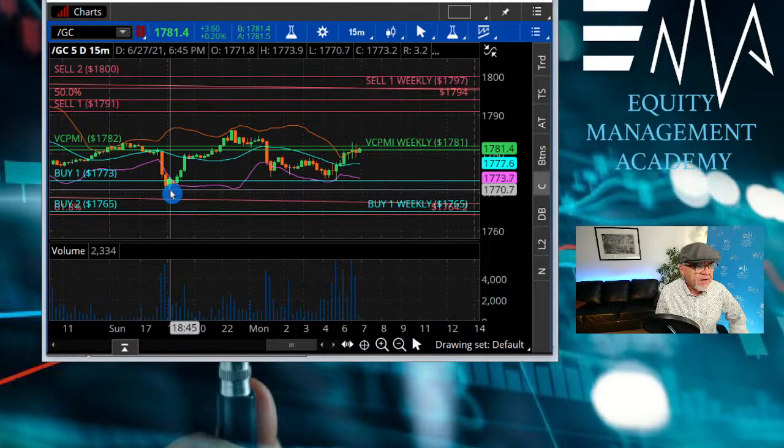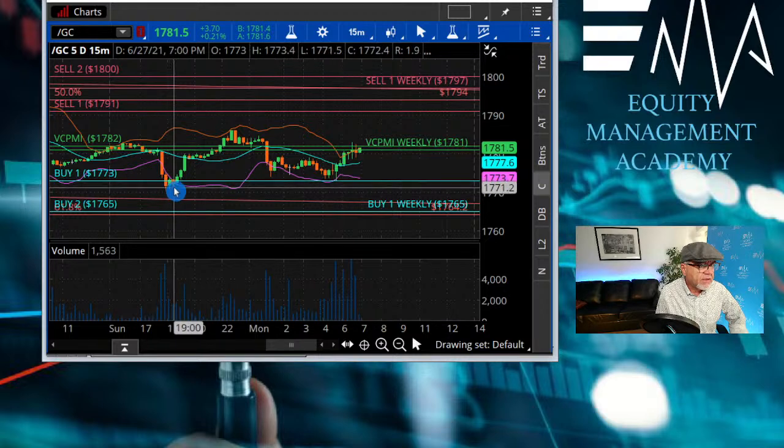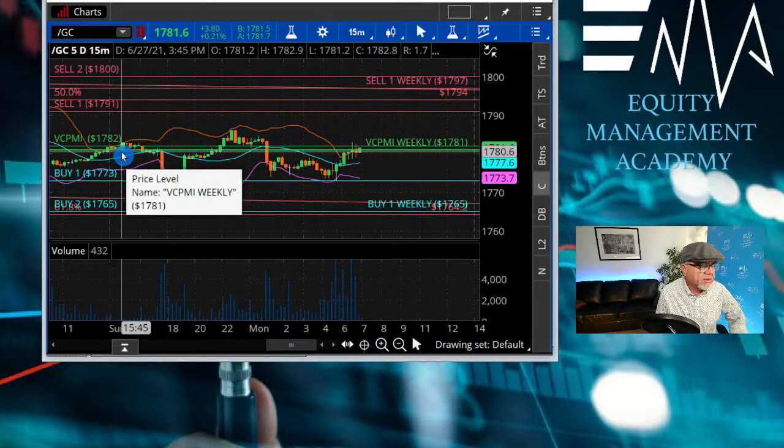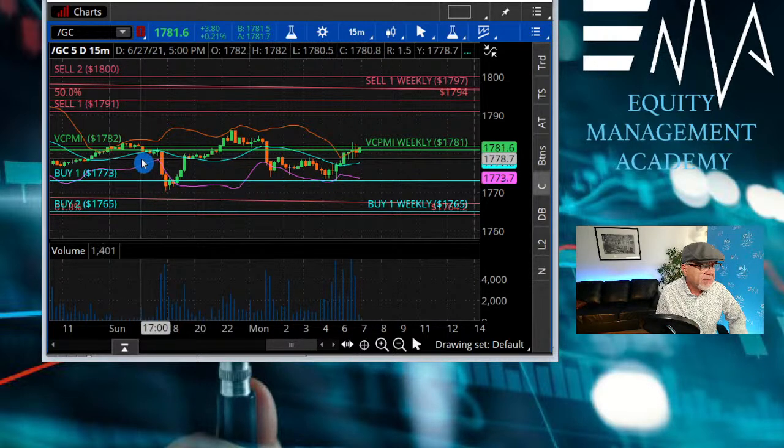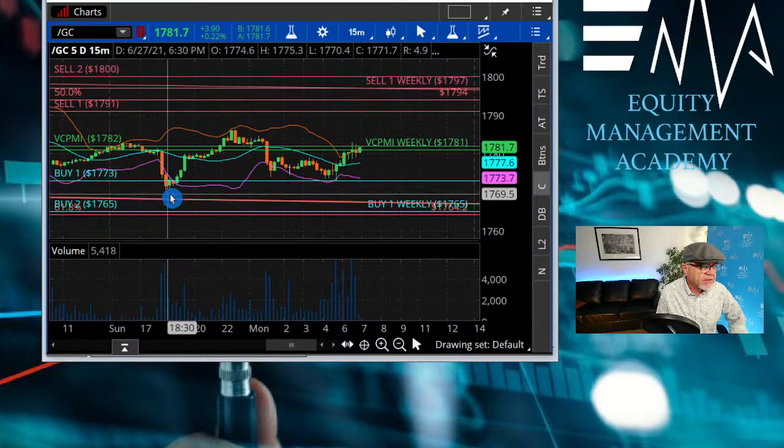At about 6:45 p.m. on the 27th, the market tested the daily buy one level of 1773, as you can see, and it reverted from there. This bearish price momentum, with the market coming down below the averages daily and weekly, activated a target of 1773, which was completed.